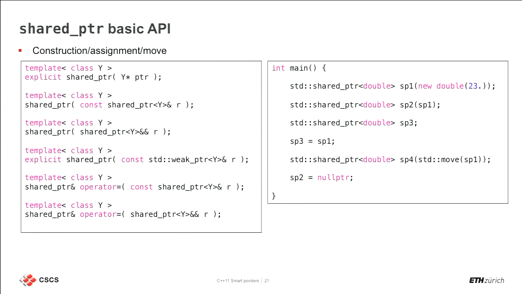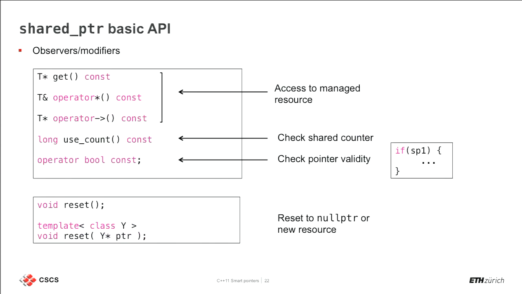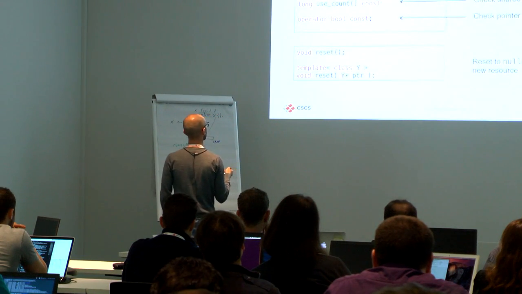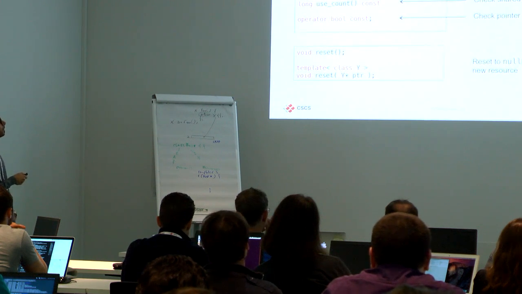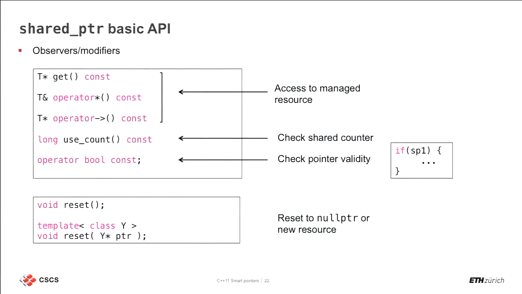This is the case, of course, for the constructors and assignments for the shared pointer, but then we have also some other methods in the interface that can be used, for example, to access the managed resource. These two operators are the same that you can find for the raw pointer, the arrow operator and the dereferencing one, which give you the possibility to access the managed resource, so the memory location your pointer is pointing to. But you also have this get method that gives you back the raw pointer.